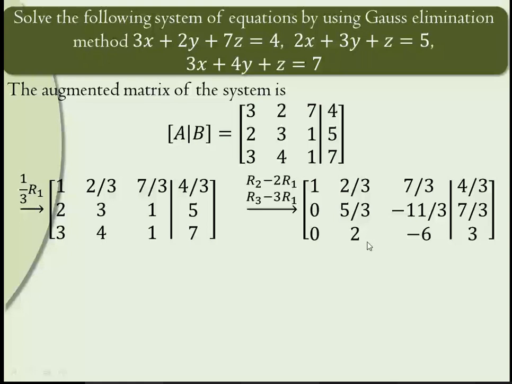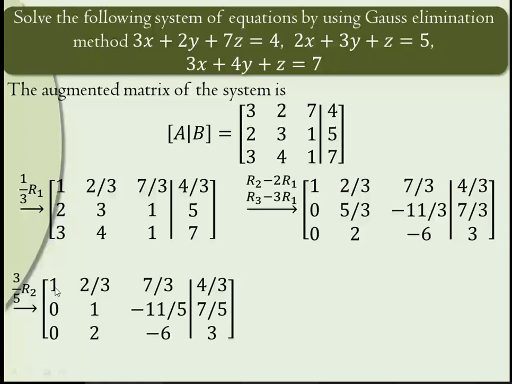So second row becomes 0, 1, minus 11 by 3, and 7 by 5. Rest of the rows are as it is. Okay, 1, 2 by 3, 7 by 3, 4 by 3, 0, 2, minus 6, 3. These rows are as it is. Only change in the second row by such operation, 3 by 5 into R2.